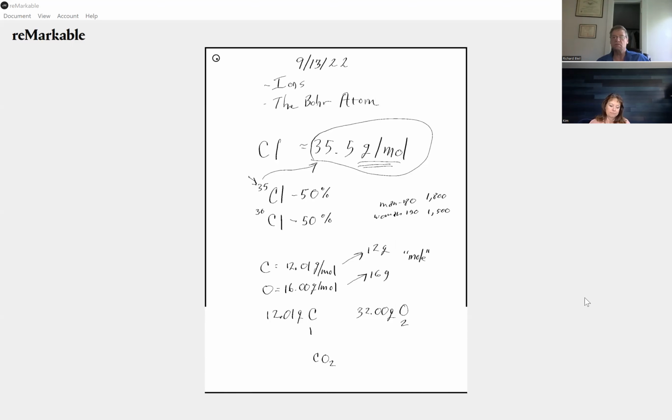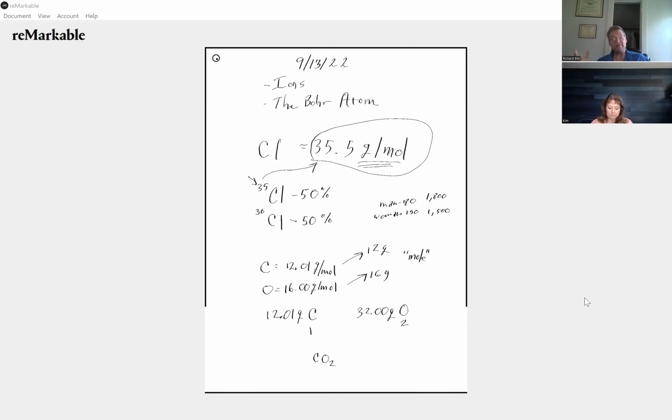So we say mole. And the reason we say mole is because in the lab, when we're actually doing these experiments, there's no device that measures the number of atoms. There's no instrument that measures moles.